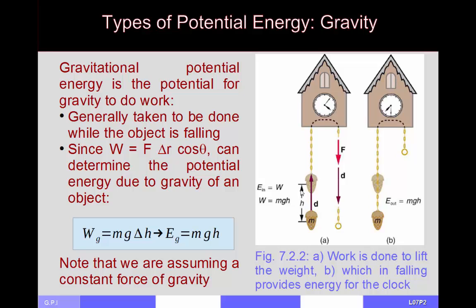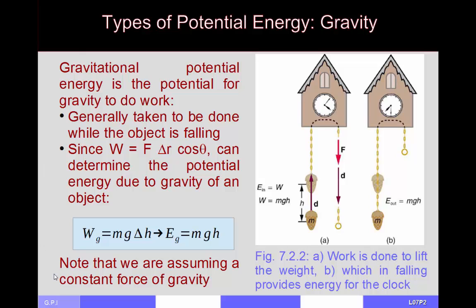This right here is still the same change in height. And so therefore, usually what we're interested in is that you do work against gravity and it's equal to the change in the gravitational potential energy plus ultimately the change in any other potential energies and the change in kinetic energy and so on.